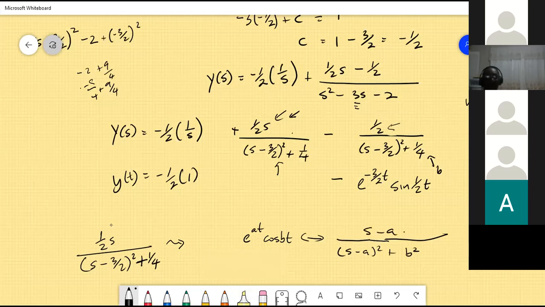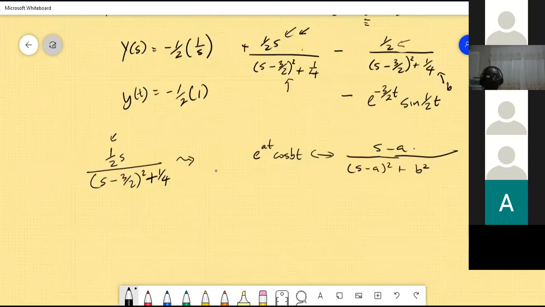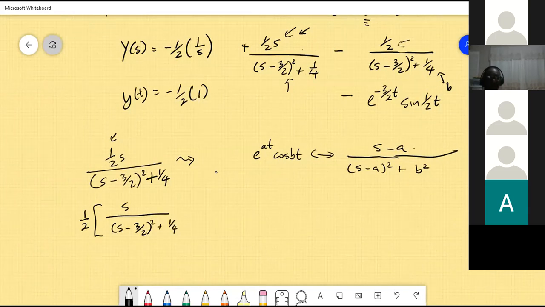So we have to get rid of the half in front of the s. We can carry the half outside, so we put a half, and then that is going to be s over s minus 3 over 2 squared plus a quarter. But now this is our a.